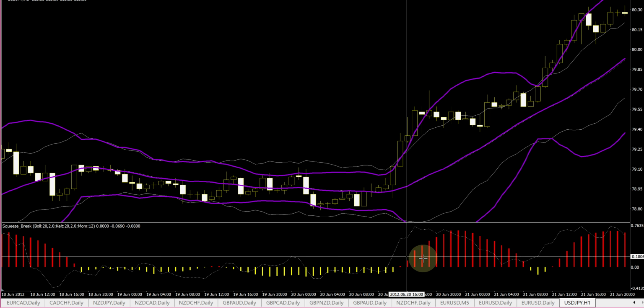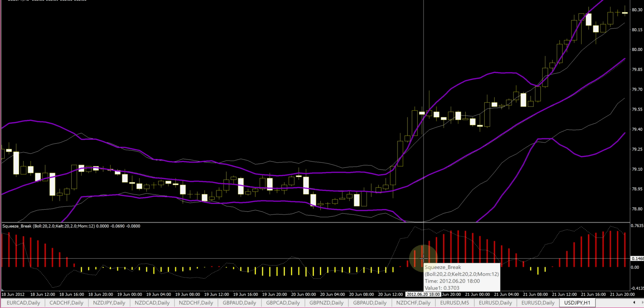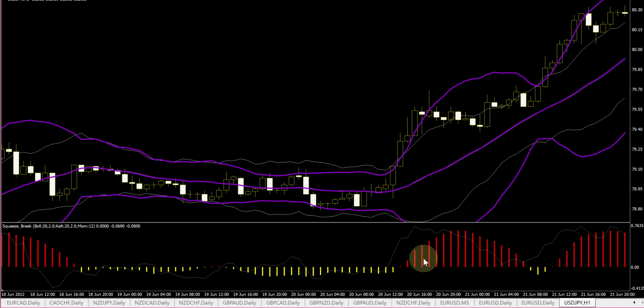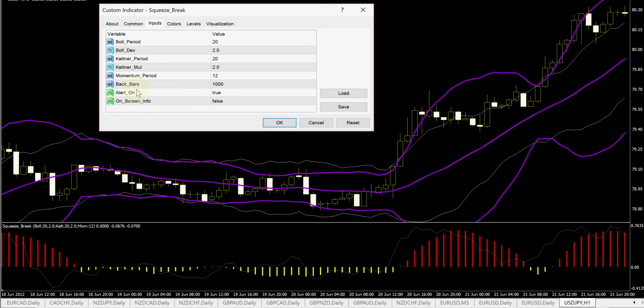Let me describe more about the squeeze indicator because it is a trading system on its own. This squeeze indicator comes with some other parameters. It has an alert, and you can display some information on the screen.